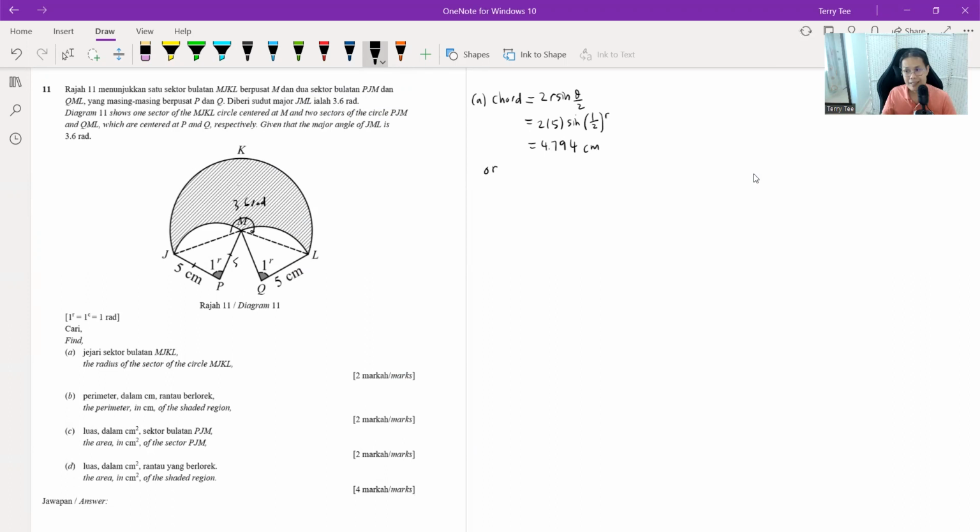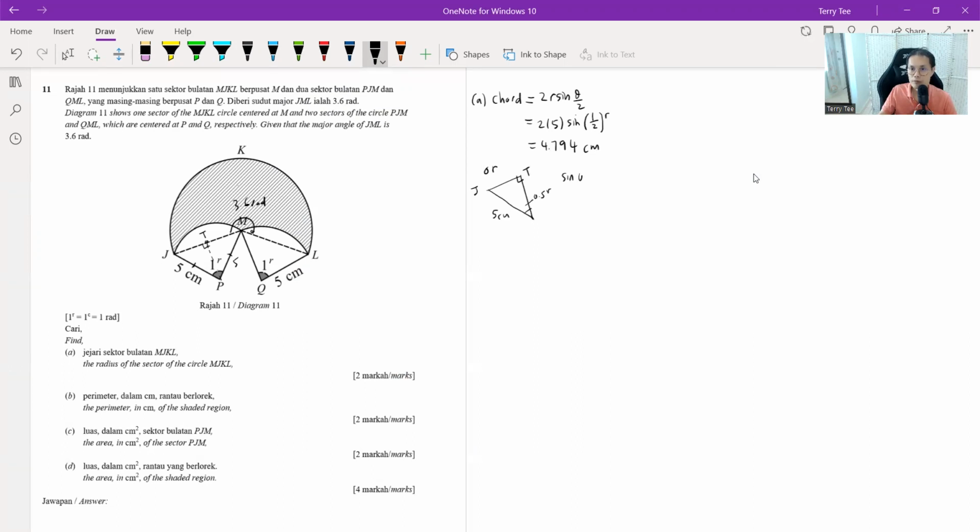Now, some people say, what if I cannot remember the formula for chord, 2r sine theta over 2? Well, you can divide this evenly at the center. Maybe I redraw this for you. When you divide evenly at the center, this is J, this one I call T, JT, and this is 5 cm. If this is 1 radian, half of it is 0.5 radian. So we use sine.